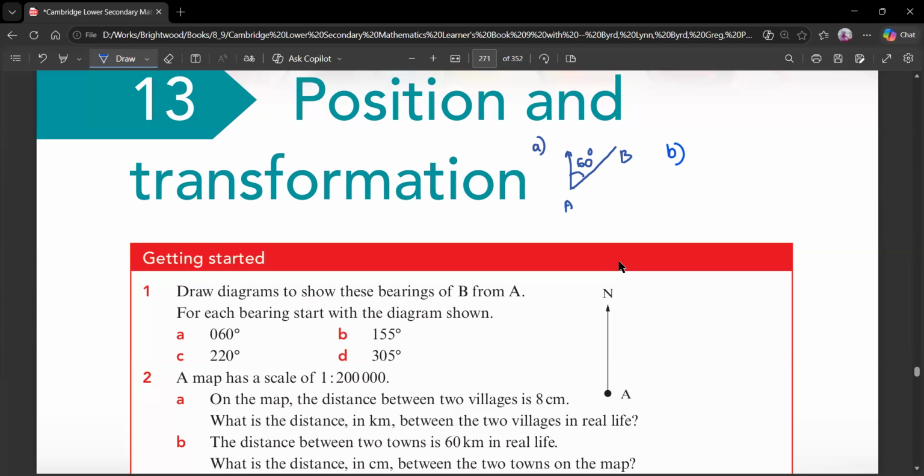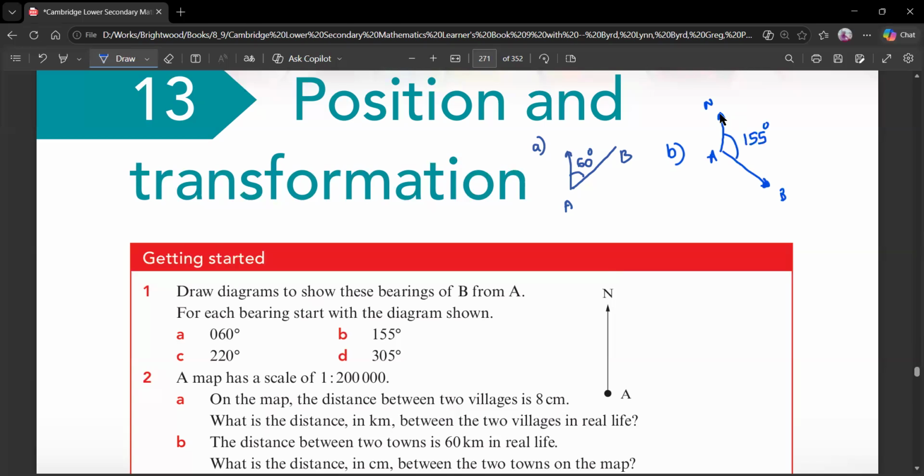155. You can use the protractor to measure it, starting from the north direction. 155 is less than 180, so it should be like here. From A to B, here should be B, at 155 degrees.